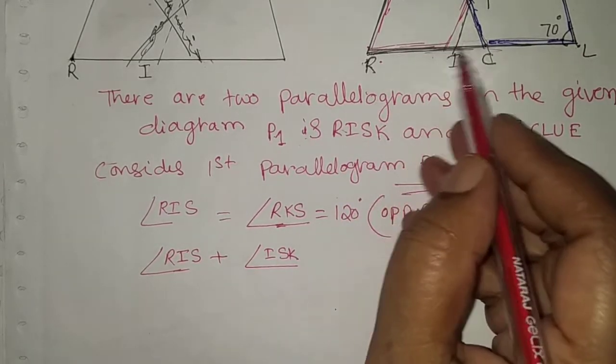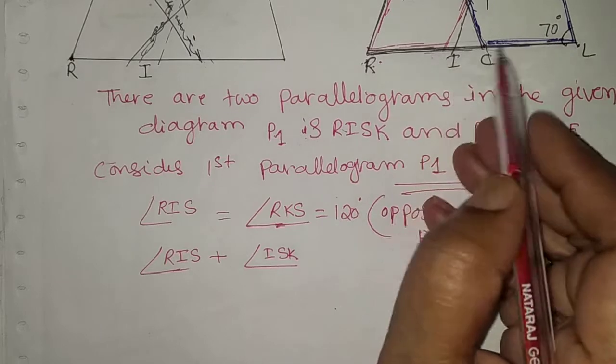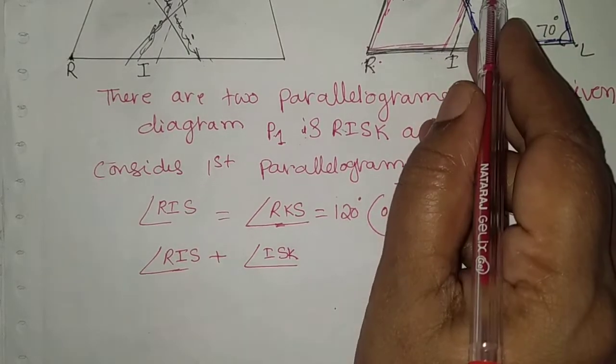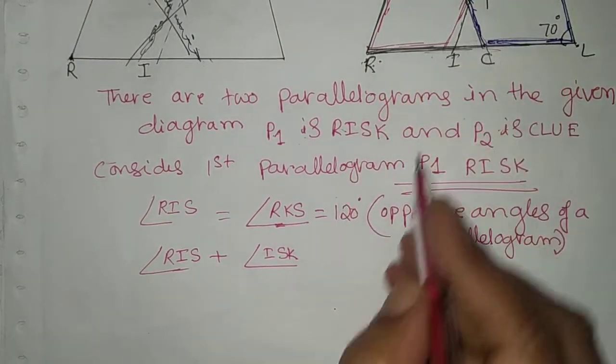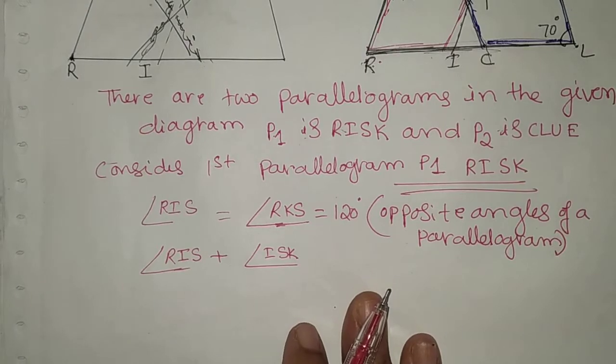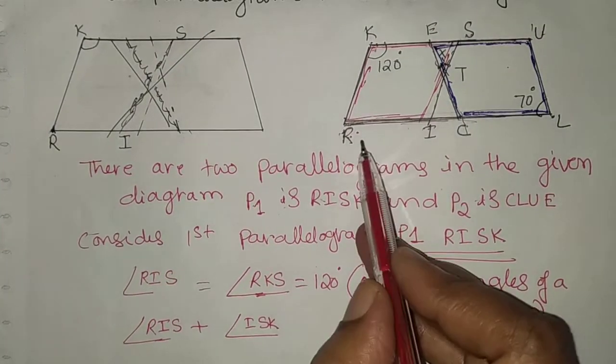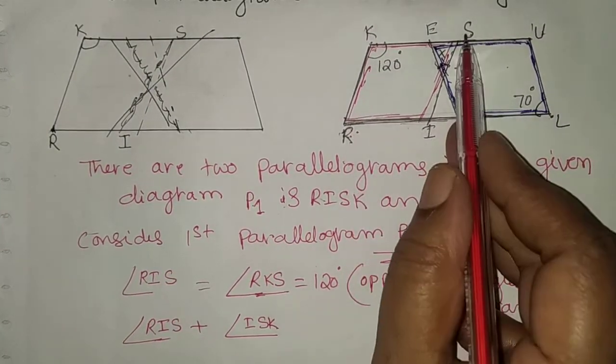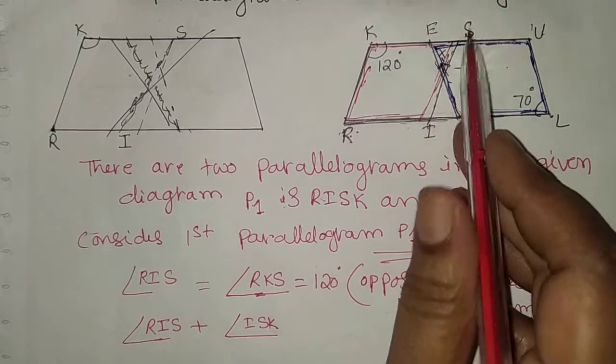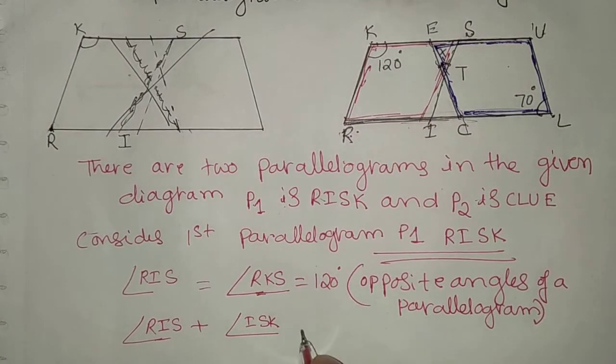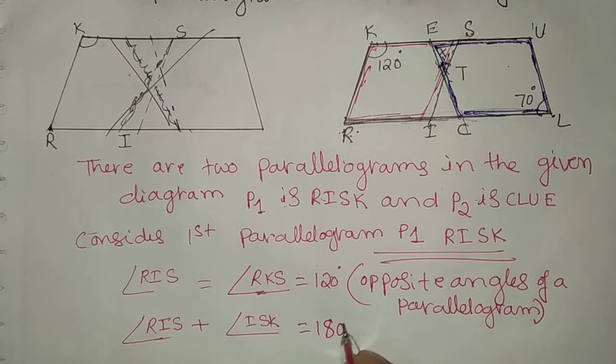Adding these, RIS and ISK, we get 180 degrees.